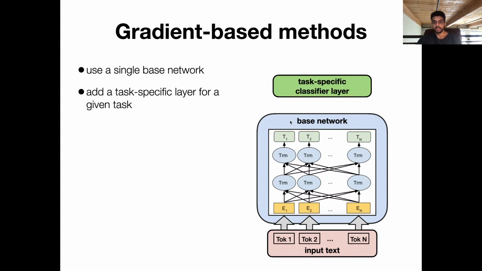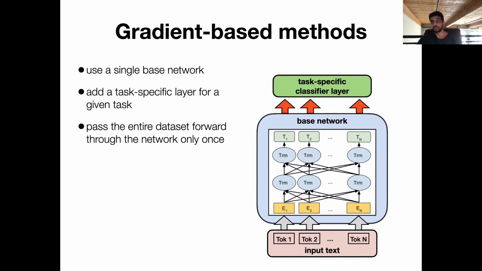So here in our pre-training setup, we have our base network, which in the case of NLP is BERT, and in the case of computer vision is the ImageNet CNN. And then we have our task-specific classifier layer, which for SQuAD is the start and end predictors. For sentiment, it's just a single softmax to predict positive and negative, and so on.